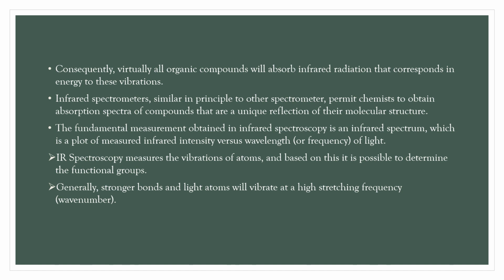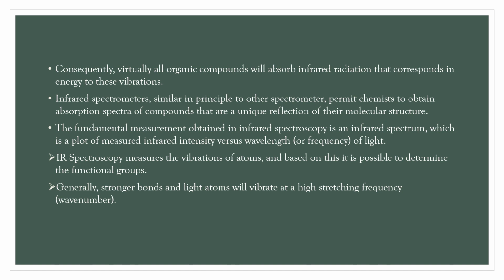Infrared spectrometers, similar in principle to other spectrometers, permit chemists to obtain absorption spectra of compounds that are a unique reflection of their molecular structure. The fundamental measurement obtained in infrared spectroscopy is an infrared spectrum, which is a plot of measured infrared intensity versus wavelength of light.